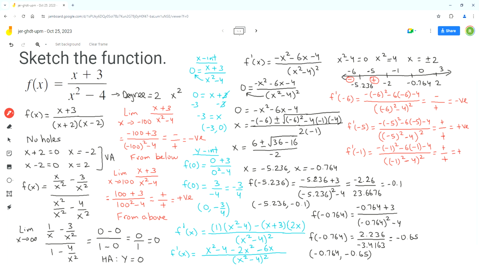That means the function is increasing on the right side of negative 2.